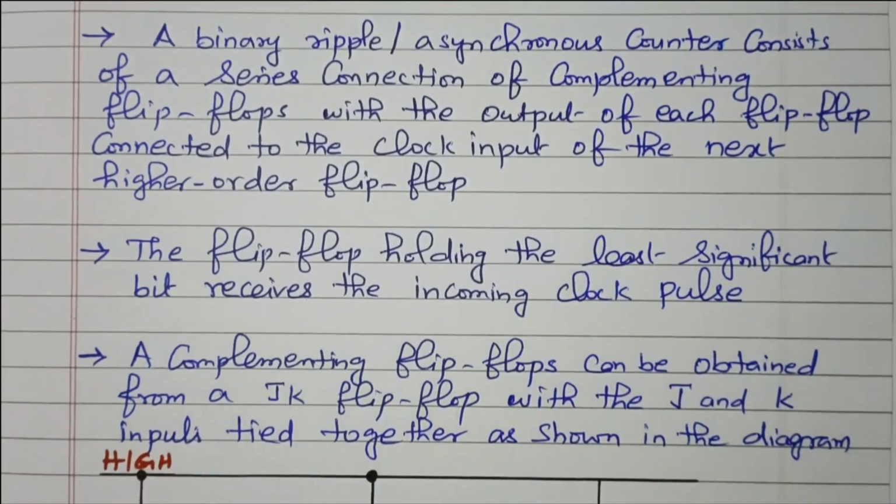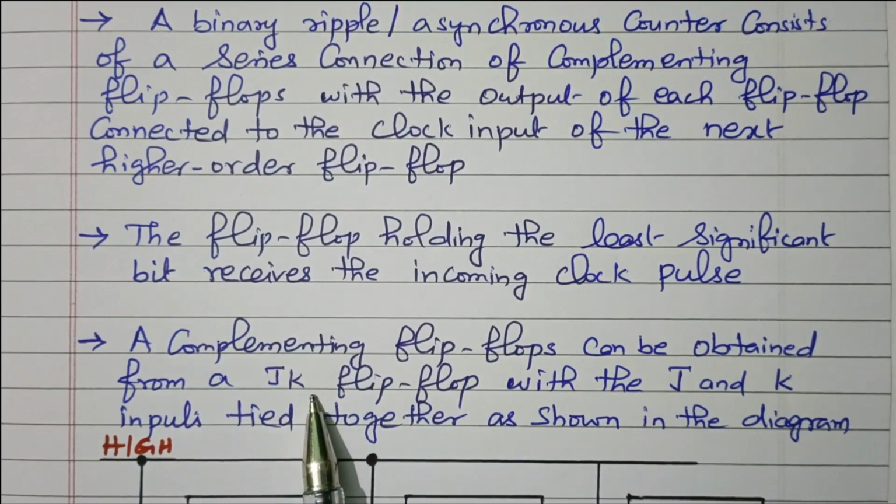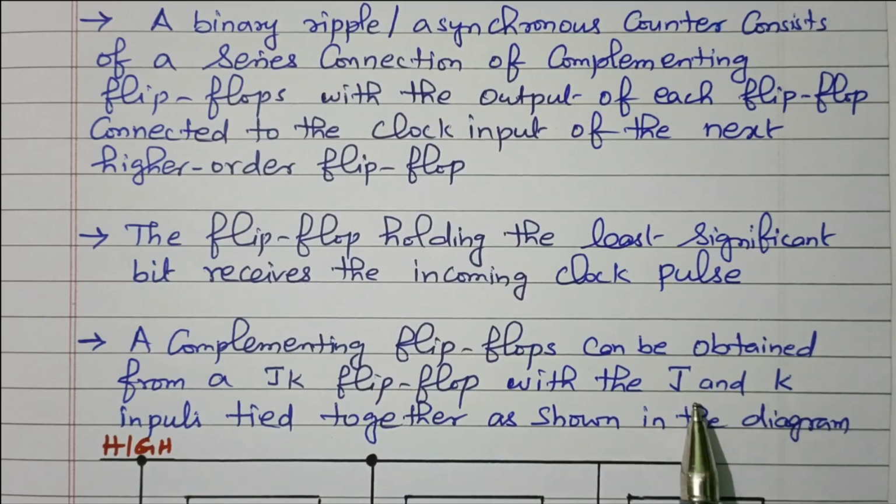The complementing flip-flop can be obtained from a JK flip-flop. Here we are going to use the JK flip-flop, in which the J and K inputs are tied together as shown in the diagram. Both J and K inputs are the same and connected together, giving logic high.